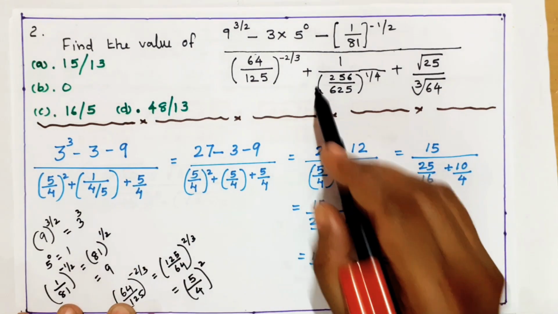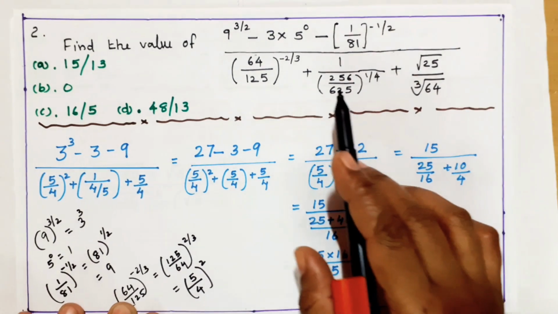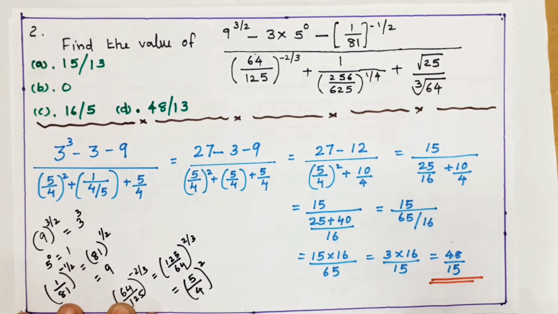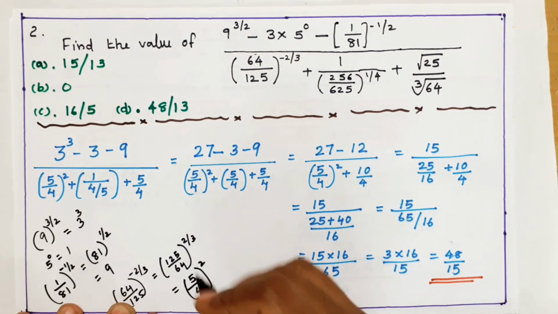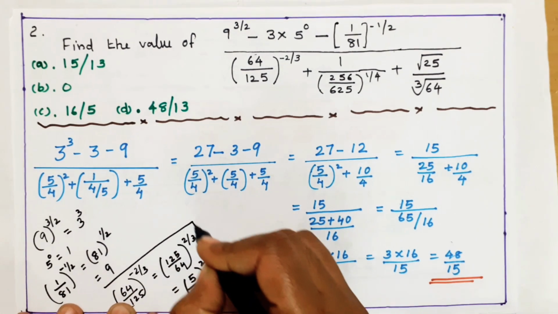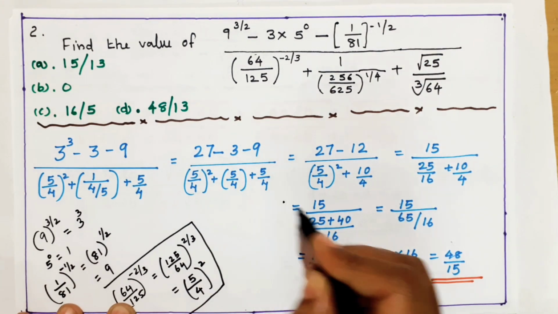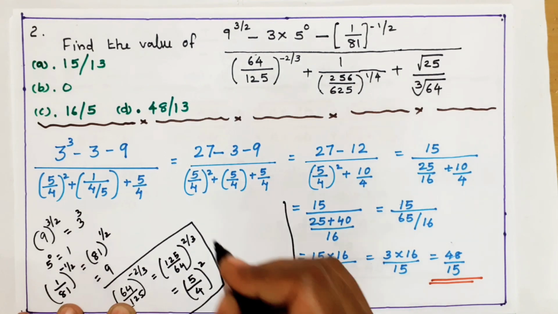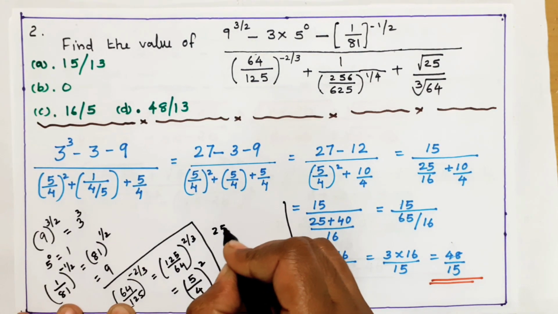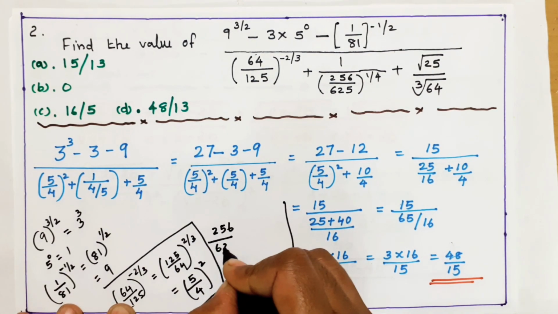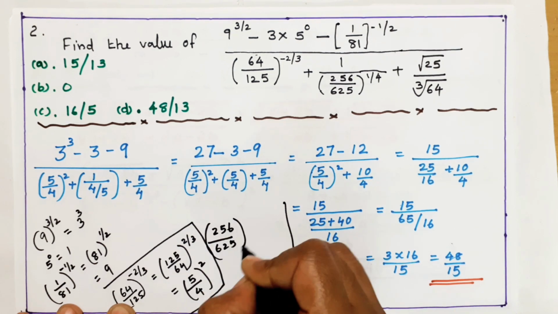Plus. Next is 256 by 625. This is one part over. Another one, what they have given is 256 by 625 raised to 1 by 4.